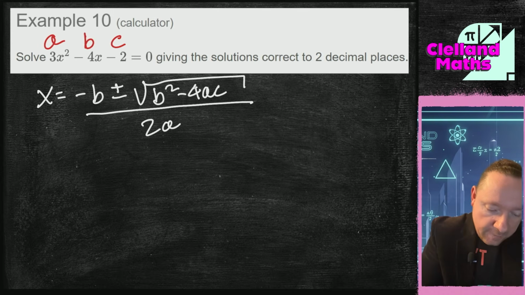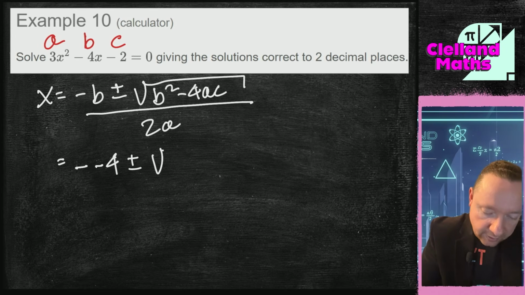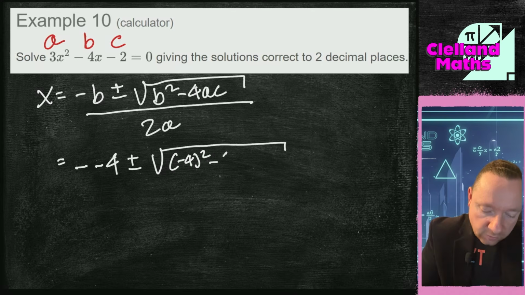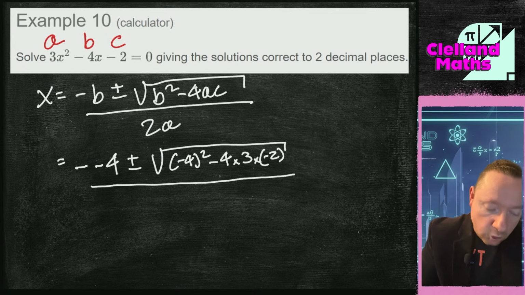So we can just sub that in, watching your signs. Minus b, so minus minus 4, plus or minus the square root of b squared, minus 4 squared, minus 4 times 3 times minus 2, all over 2a, 2 times 3.